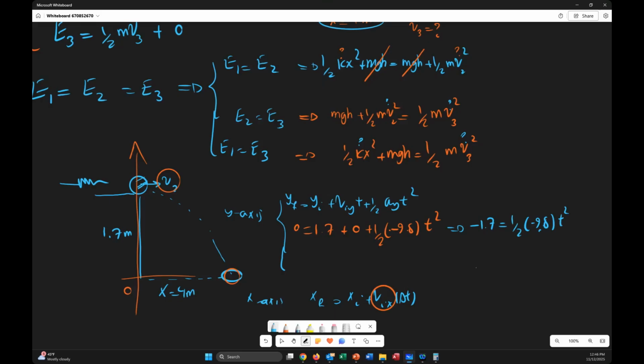So t is going to be, the negatives cancel each other, the square root of 2 times 1.7 divided by 9.8. Make sure, 2 times 1.7.